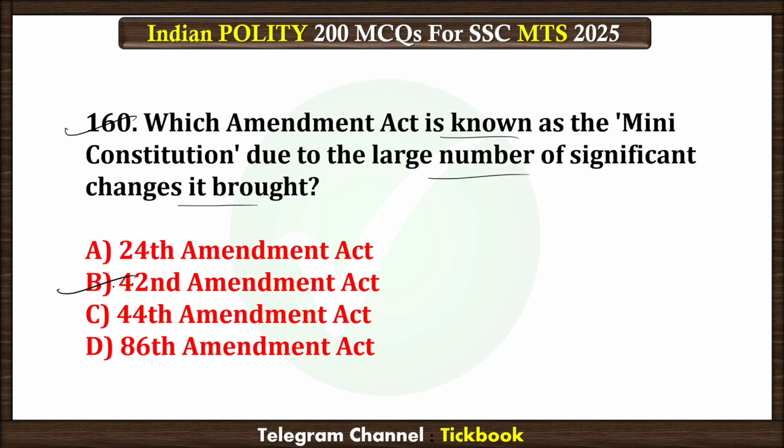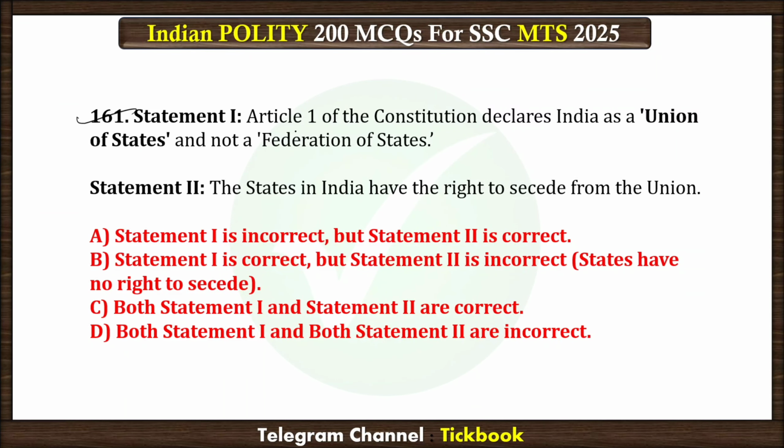Option B, 42nd Amendment Act. 161. Statement 1. Article 1 of the Constitution declares India as a union of states and not a federation of states. Statement 2. The states in India have the right to secede from the union. Option B. Statement 1 is correct, but statement 2 is incorrect. States have no right to secede.